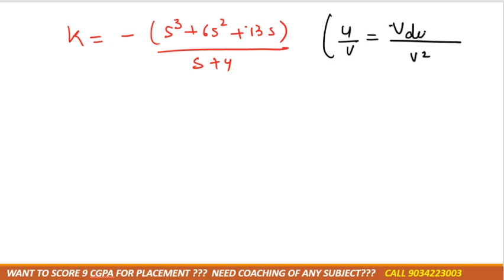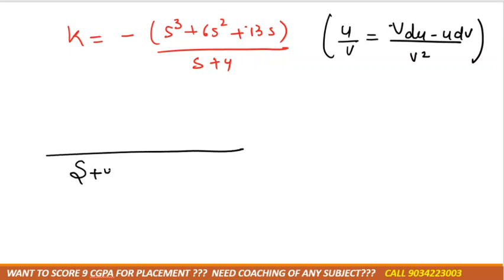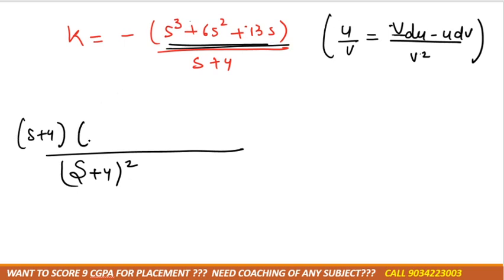What is the u by v rule? v square, minus, v is the denominator, u is the numerator. So it would be s plus 4 into the derivative of the numerator, minus u times the derivative of the denominator, all over v square. Differentiation of the numerator, s cube, how much? That would be minus 3s square, then 6 twos are 12s, plus 13, right?